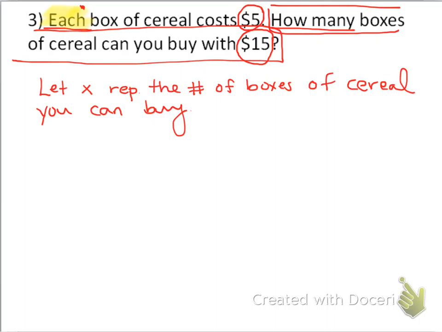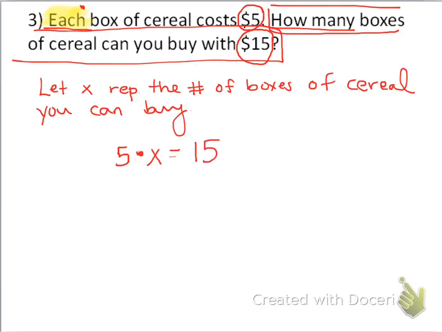So it means we have something times something else, the little dot to represent the times, is equal to something. Well, if each box costs $5, it would be 5 times X has to be equal to 15.